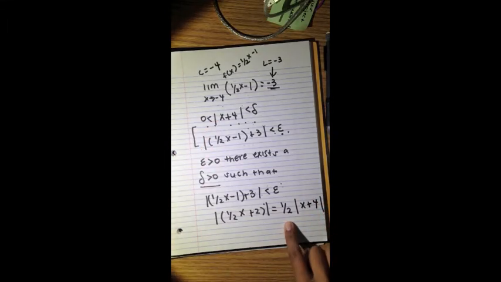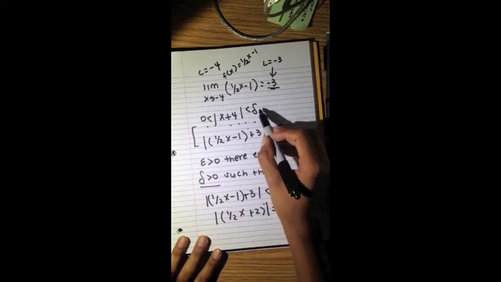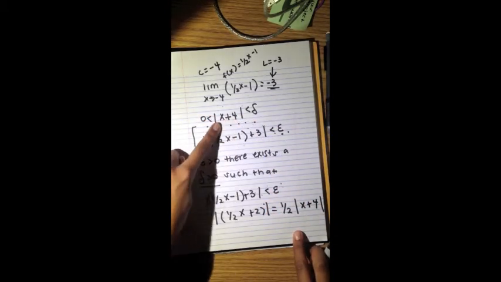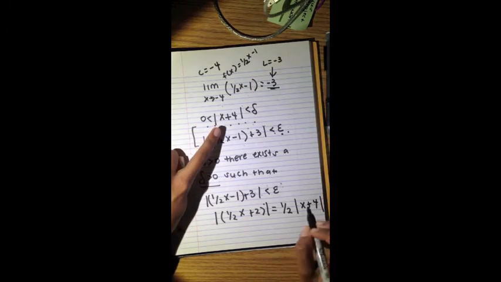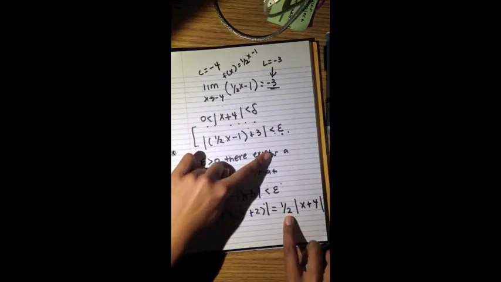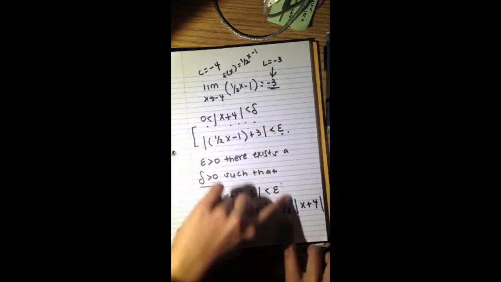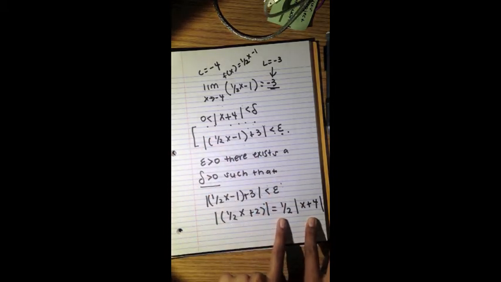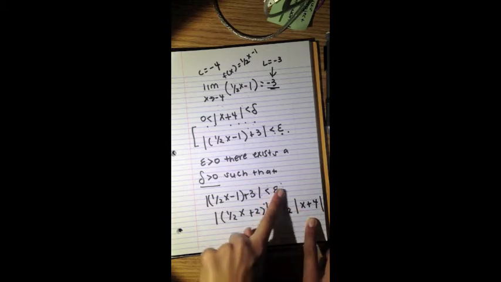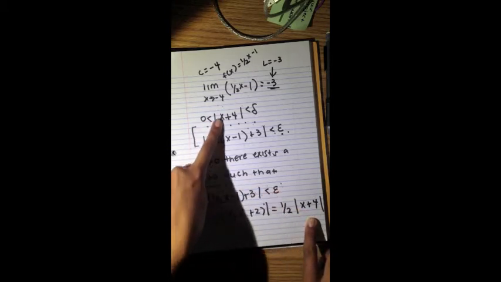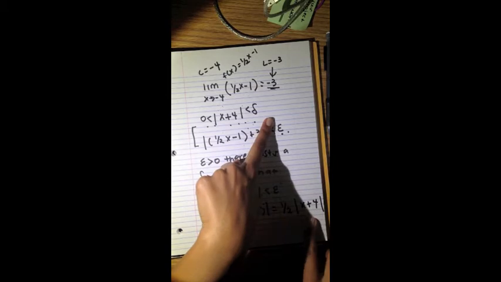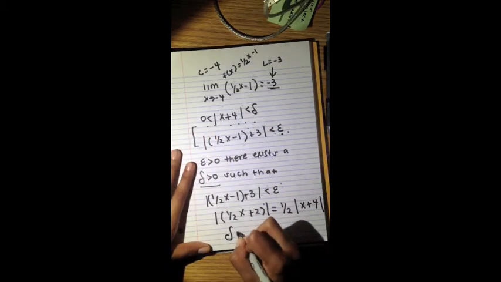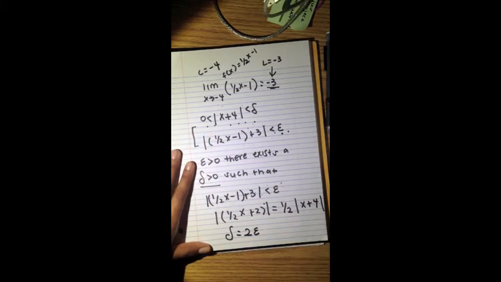So what we're saying here is that delta, which bounds |x plus 4|, equals 2 epsilon, because 1/2 times |x plus 4| equals epsilon. So |x plus 4| equals 2 epsilon. So delta equals 2 epsilon.